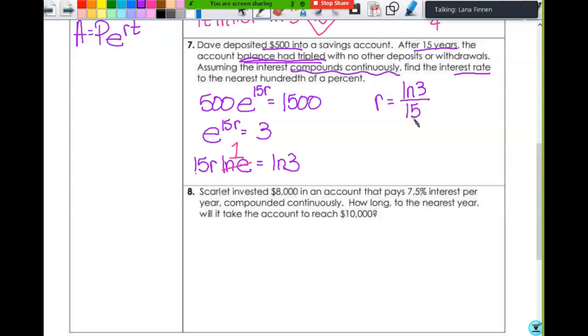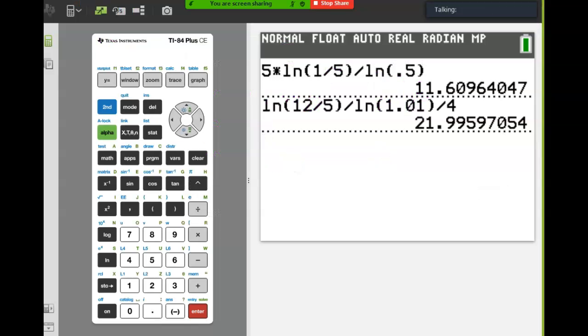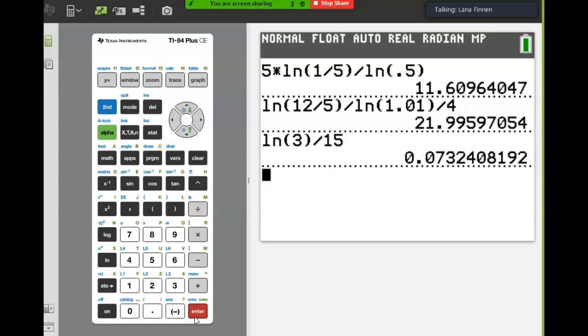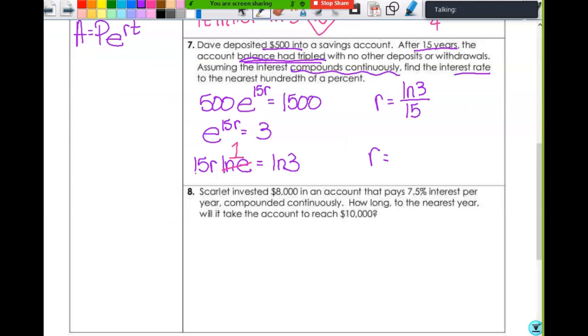Then I just type that in to get r. It says to the nearest 100th of a percent, so my answer is what? 7.32%. Any questions at all?